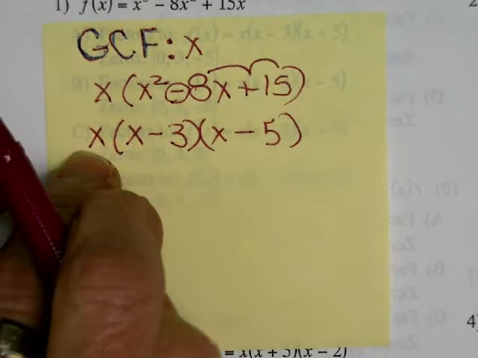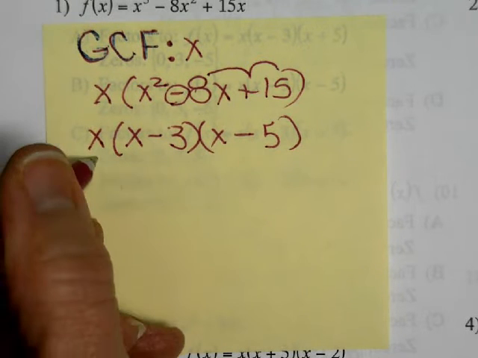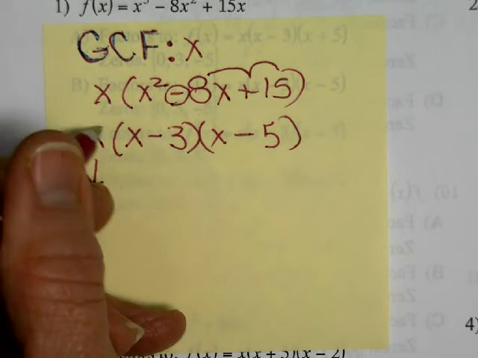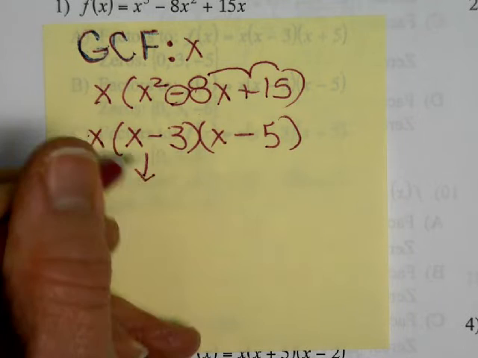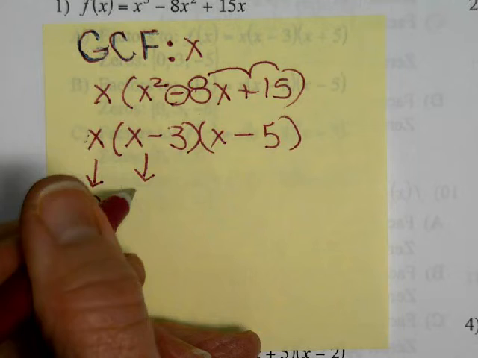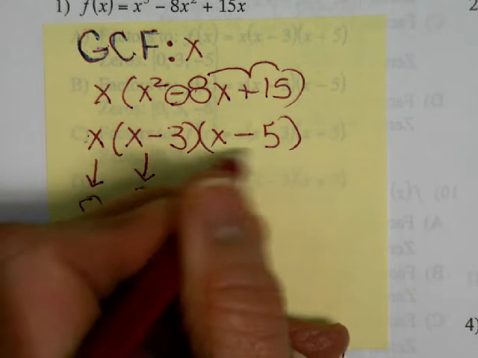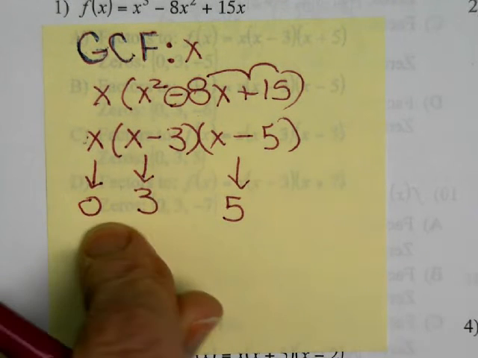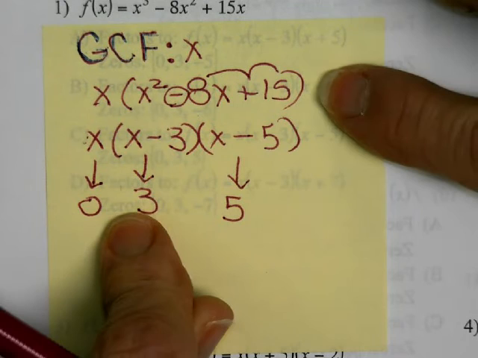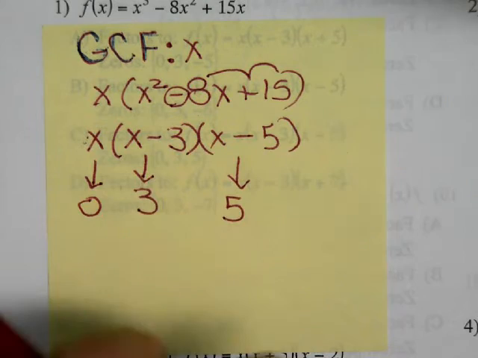So you do still have to come up with the zeros for the answers. You know, if x is a factor, 0 is an answer. If x minus 3 is a factor, 3 is an answer. And if x minus 5 is a factor, 5 is an answer. So you have to find the choice that has both of these as true.